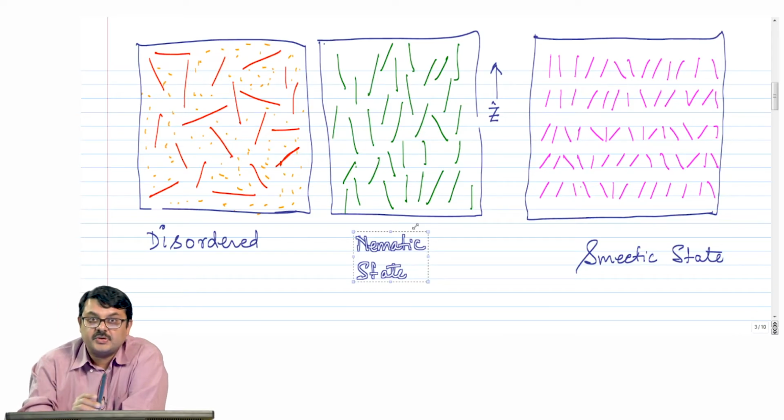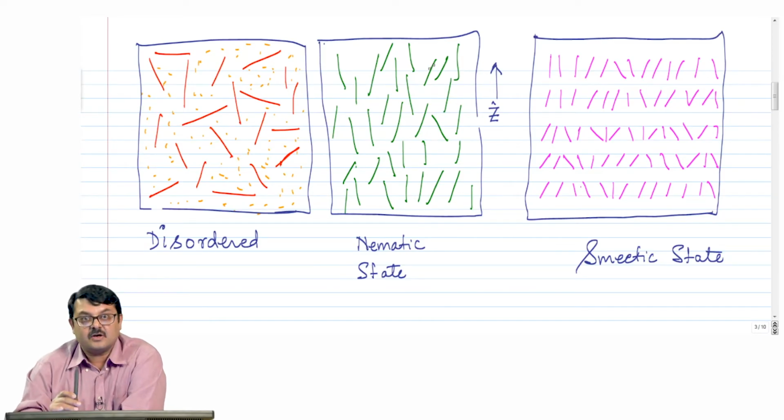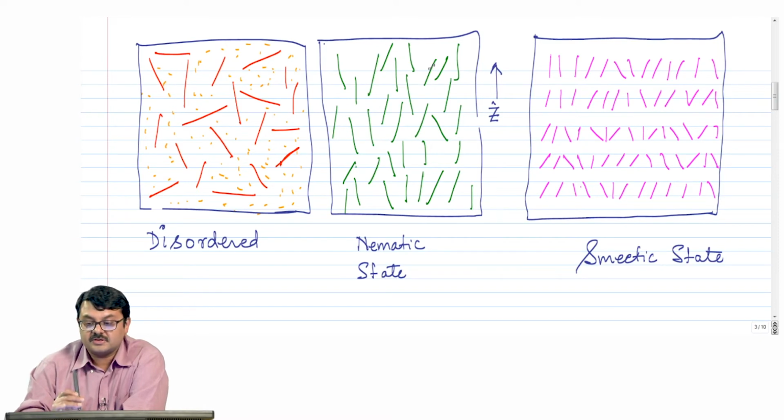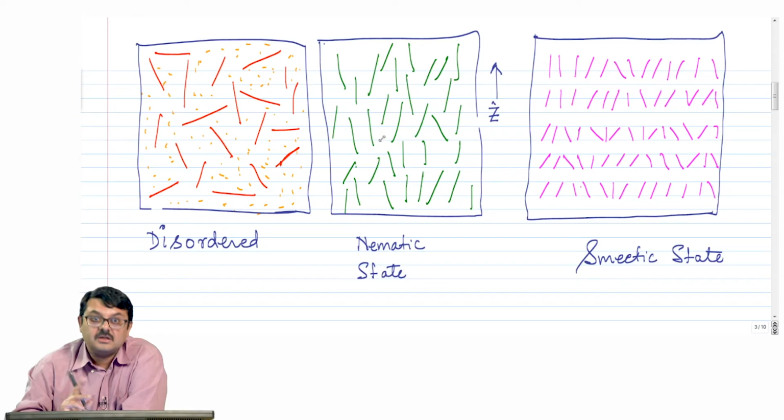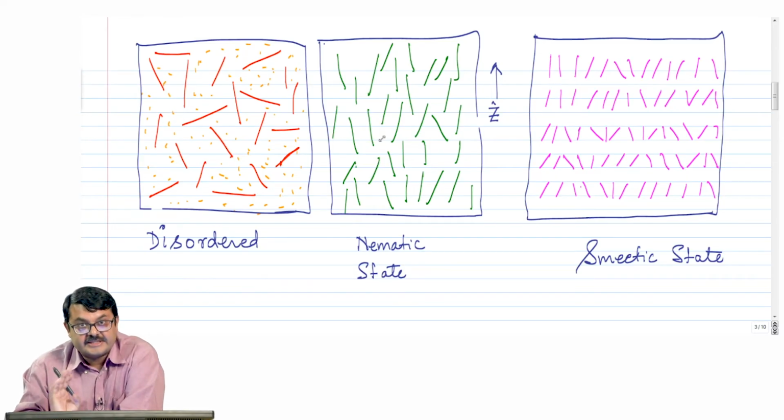The position is doing a Brownian motion, so it can move from any one point in space to another. The axis can also change, with some rotational Brownian motion, but on average you see in this picture that the axes are all pointing along one particular direction.